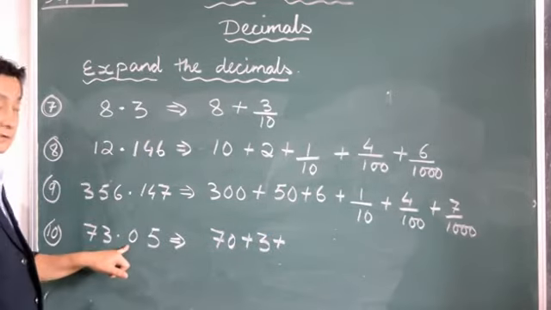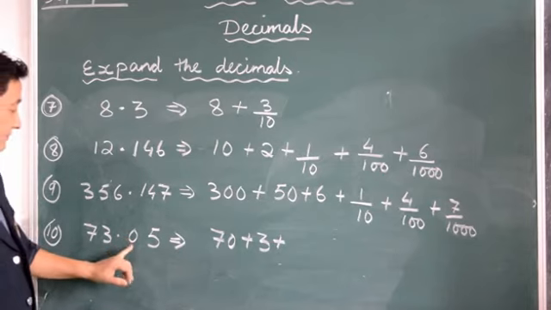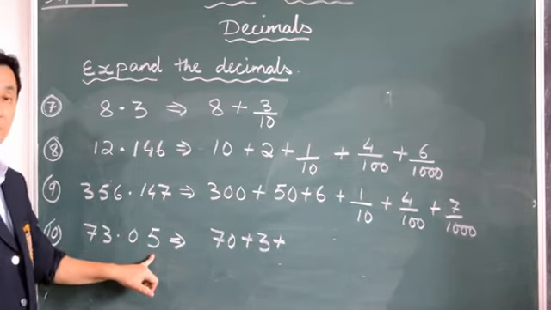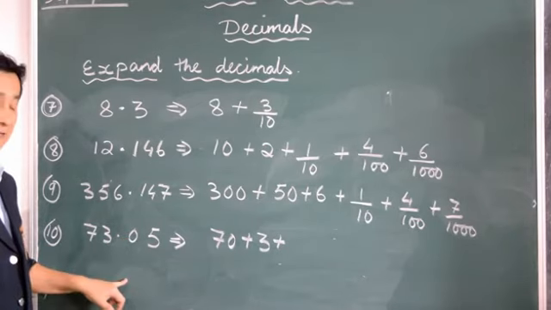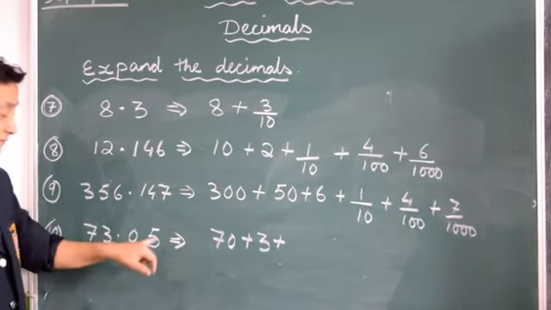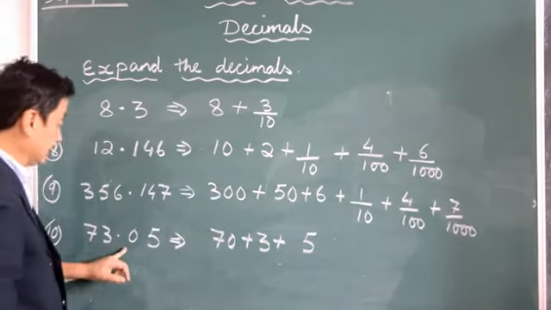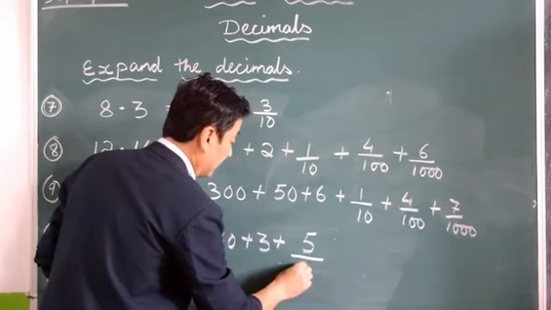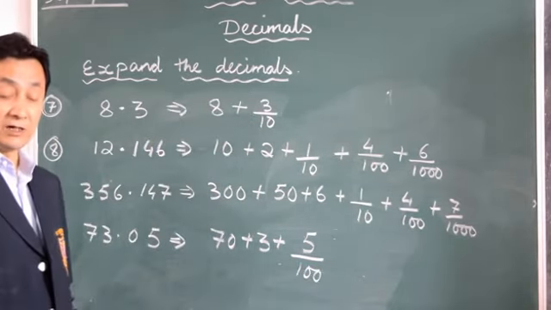Plus, there's no number in the tenths place, so we leave it blank. We'll write the hundredths place. 5 hundredths. No need to write 0 tenths. We'll straight move to 5. 5 is in which place value? Tenths, hundredths. 5 hundredths.